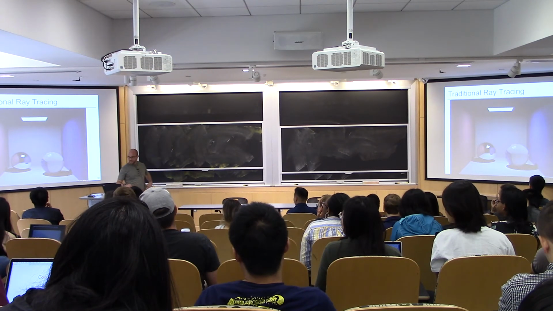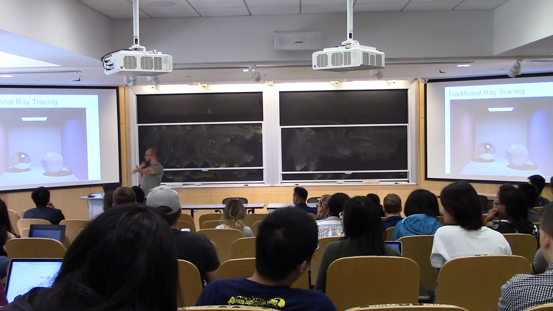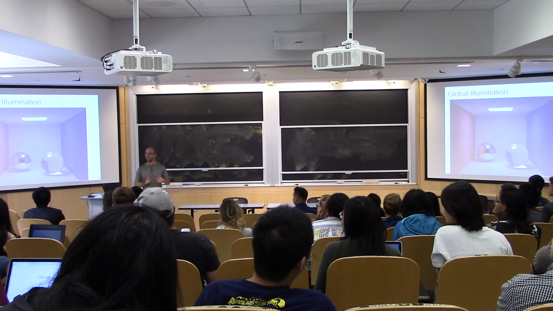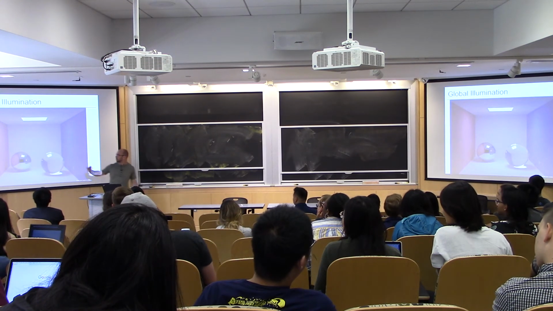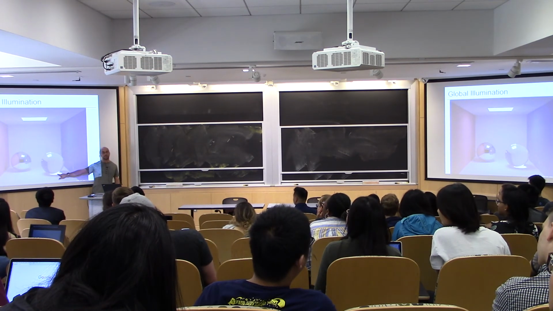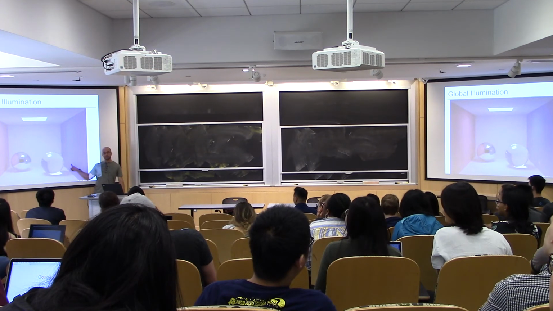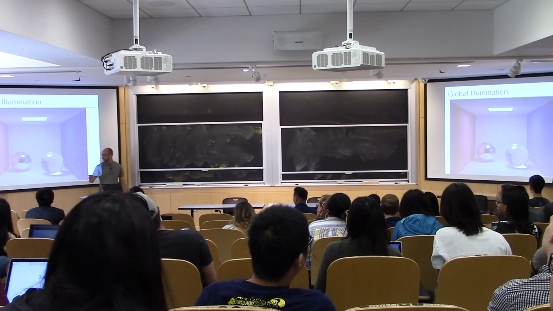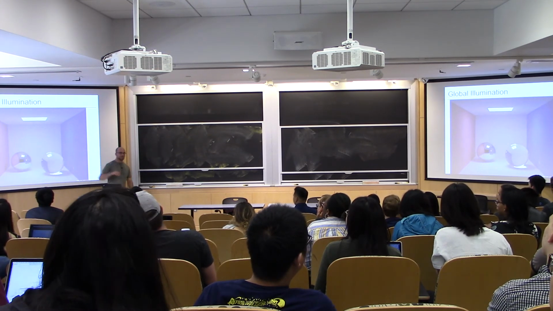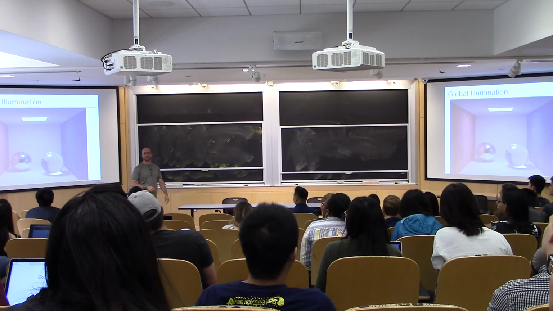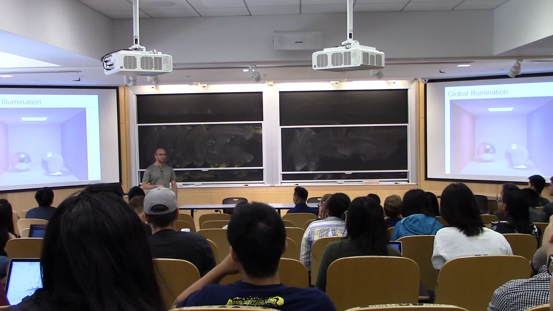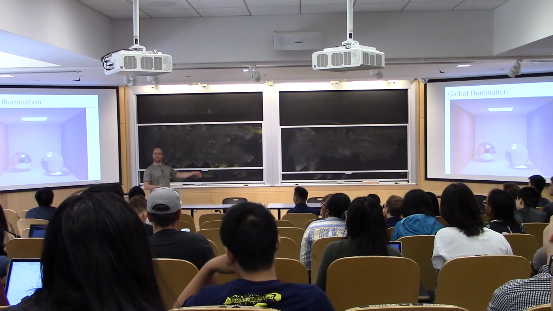Cool. So of course, what we'd like to do is go from a scene that looks like this to a scene that looks like that. Right? And so notice, for example, the piece of glass is focusing the light underneath the shape. There's interreflection between the floor and the ceiling, and the shadows are soft. We'll see that each one of these is just a couple extra lines of code in your ray tracer, which incurs a stupid amount of additional computation time.